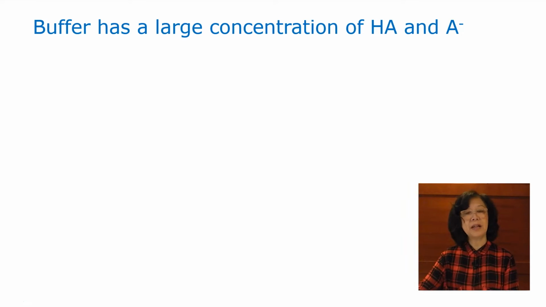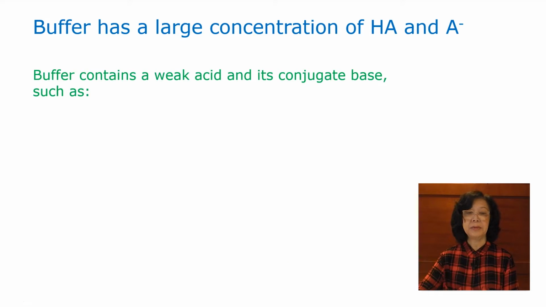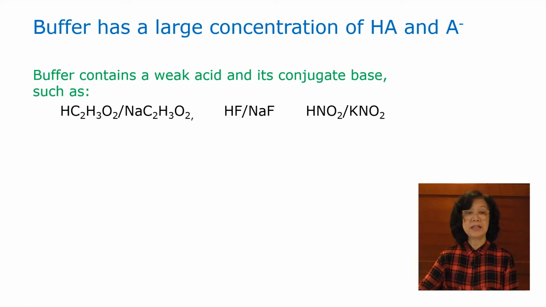Now, a buffer has a large concentration of the weak acid, HA, and the conjugate base, A-, such as acetic acid paired up with sodium acetate, hydrofluoric acid paired up with sodium fluoride, nitrous acid paired up with potassium nitrite.